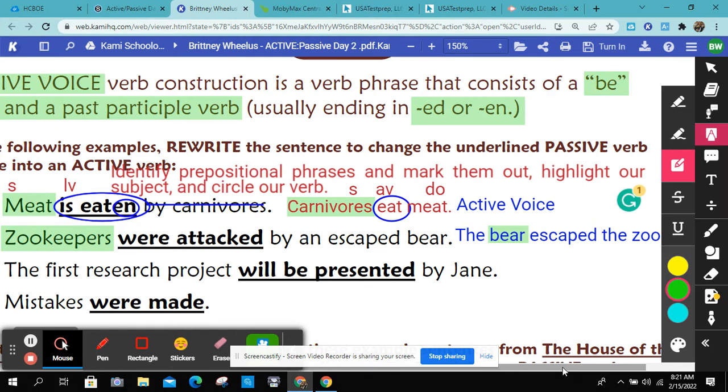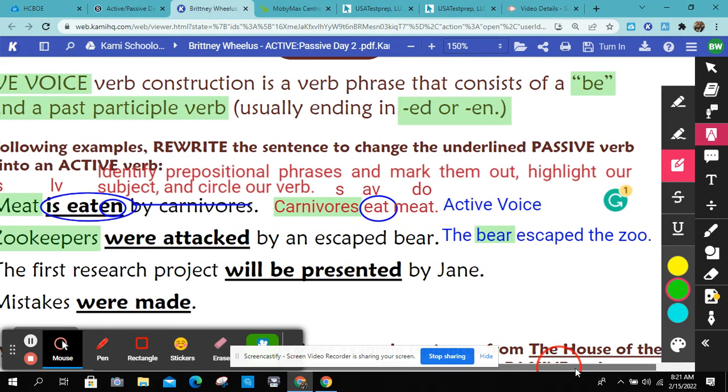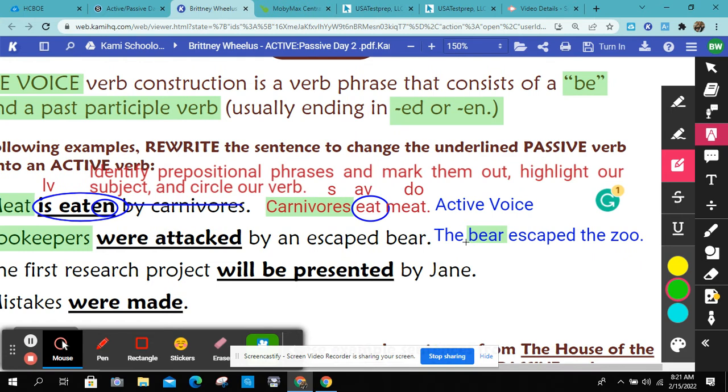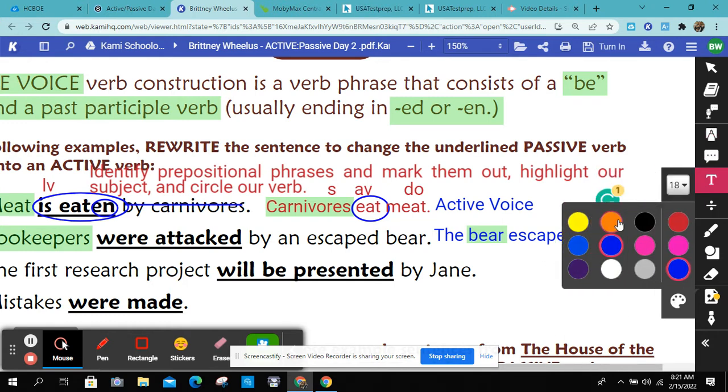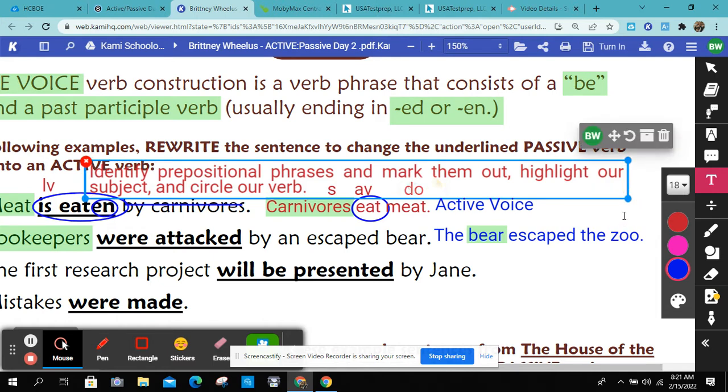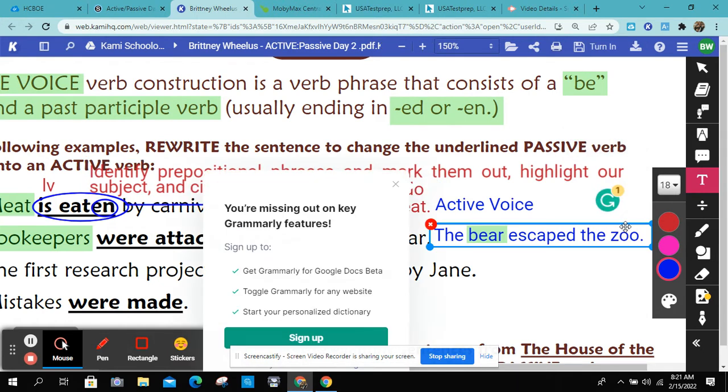Now, I want to look at my active sentence where it says the bear escaped the zoo. The bear escaped who, or the bear escaped what? So zoo is a what? It is a direct object.